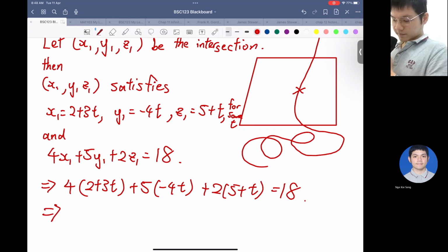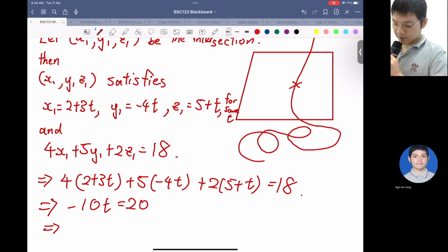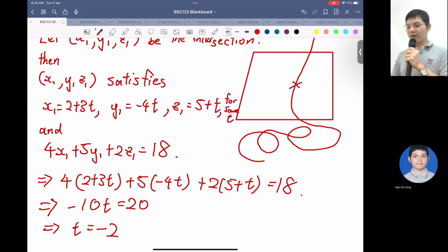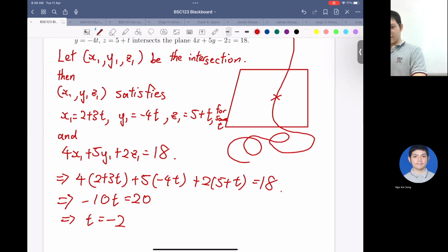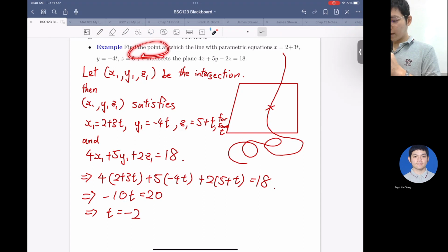So what's the t? You get minus 10t equals 20, which is t equals minus 2. Although it's a bit weird that the time is negative, we haven't finished yet, right? t is the time, but we want the point, so we need to sub it back.